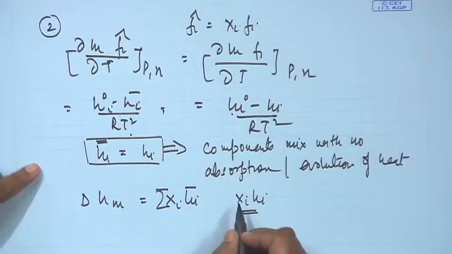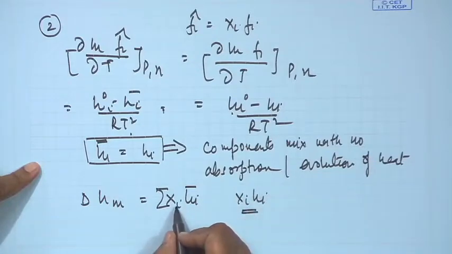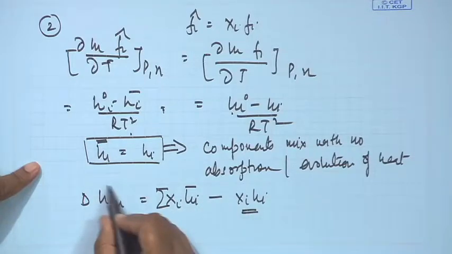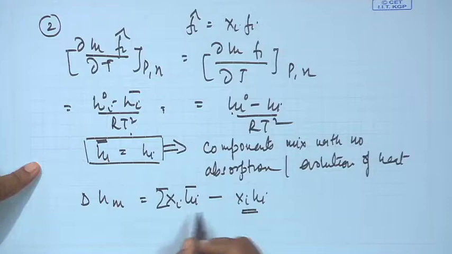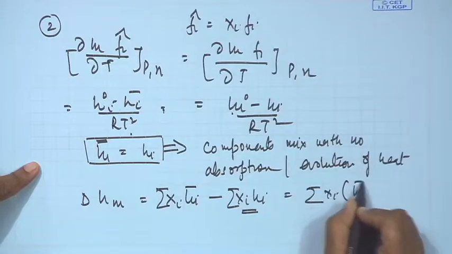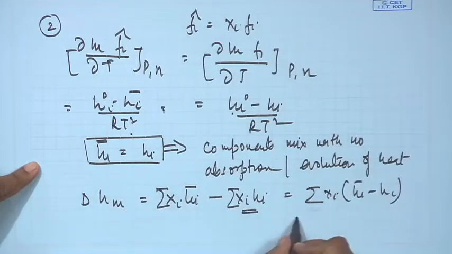After they mixed, the molar enthalpy changed to partial molar enthalpy. So the molar enthalpy change of mixing is given by this equation, which can otherwise be written as sigma Xi times Hi bar minus Hi. We know that these are equal. So the molar enthalpy of mixing is 0.